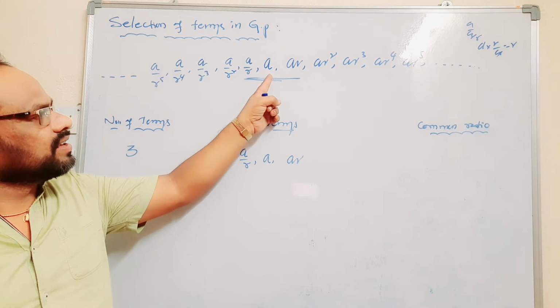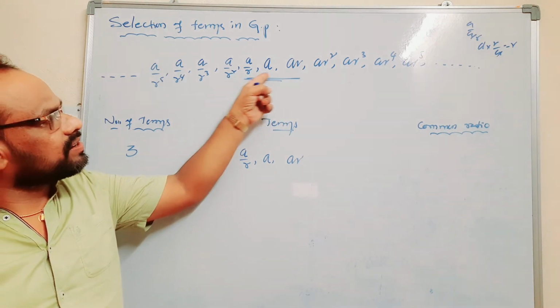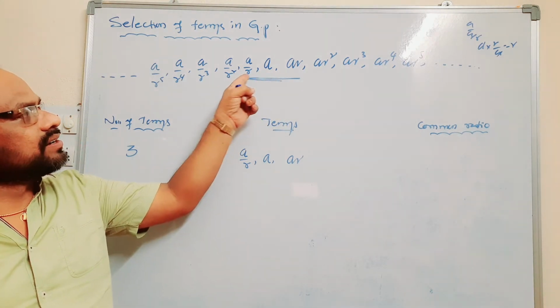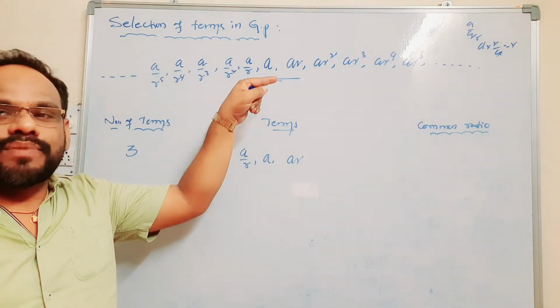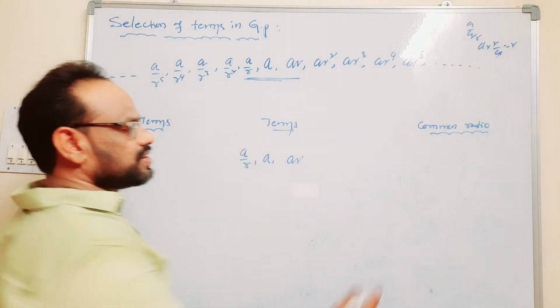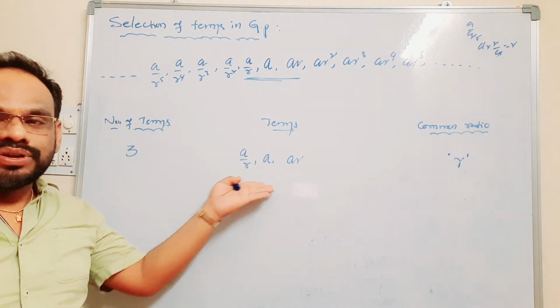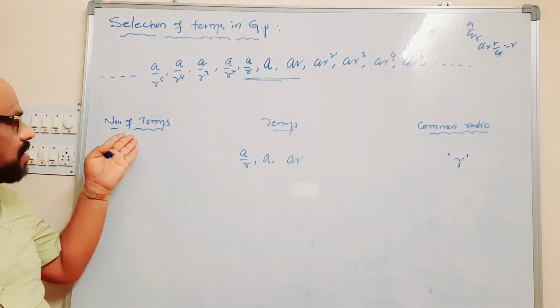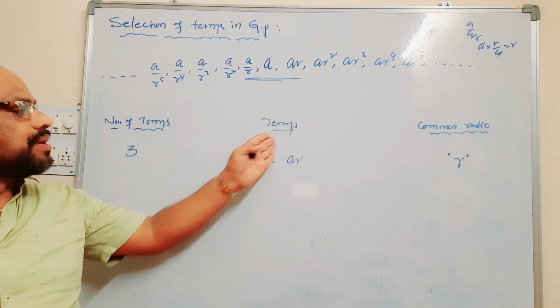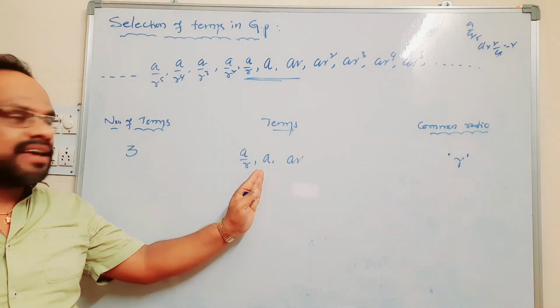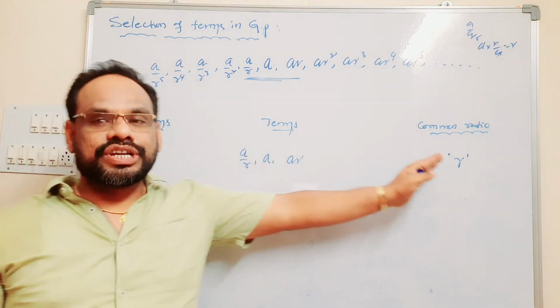So A by R, A and AR are consecutive terms of the general form of geometric progression with common ratio R. Clearly these are also in geometric progression. If you want the number of terms as 3, the terms may be A by R, A and AR. The common ratio is R.